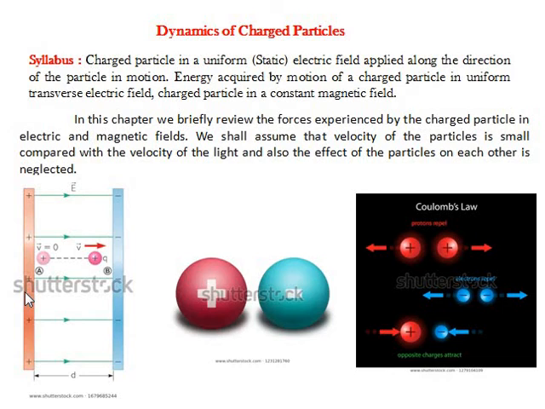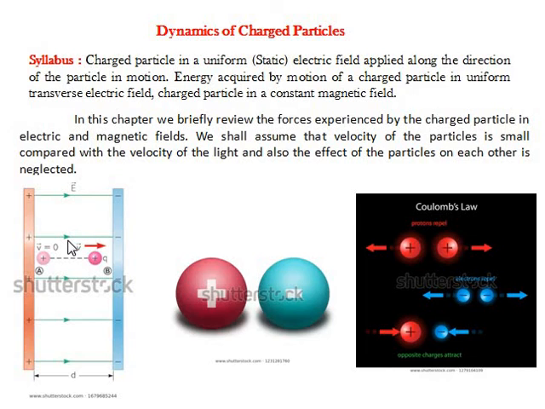So we take an example here. In this diagram, this is the positively charged plate and this is the negatively charged plate. Therefore, the electric field is directed from positive to negative.